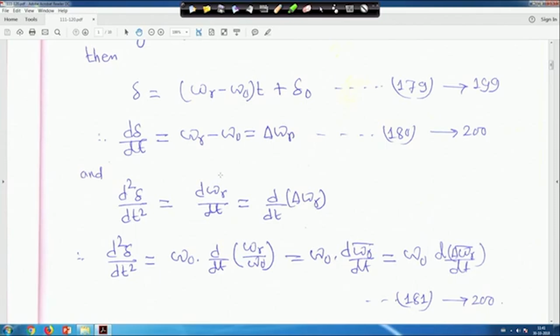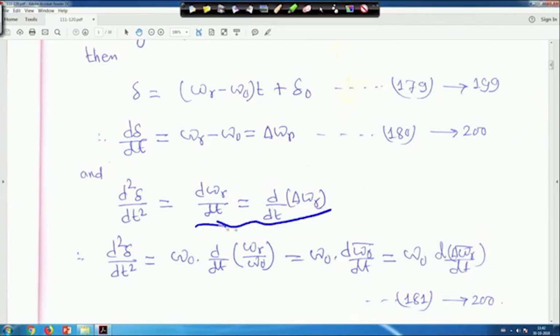Therefore, omega_0 into d omega_r by dt, with omega_r bar, is equal to omega_0 d/dt of delta omega_r. If you take the derivative of this, it is d omega_r by dt, that is d/dt of delta omega_r.